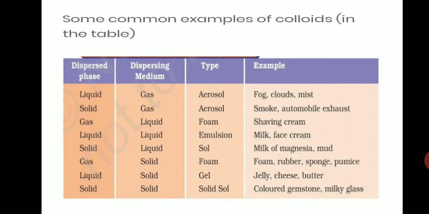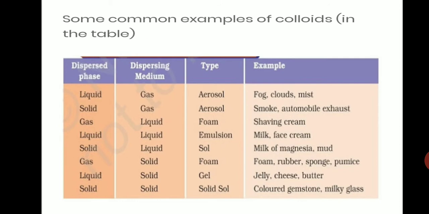Okay, so these are the 8 different types of colloids. 9 different types are also possible, but there are actually 8 and not 9, as we noticed in the true solution.